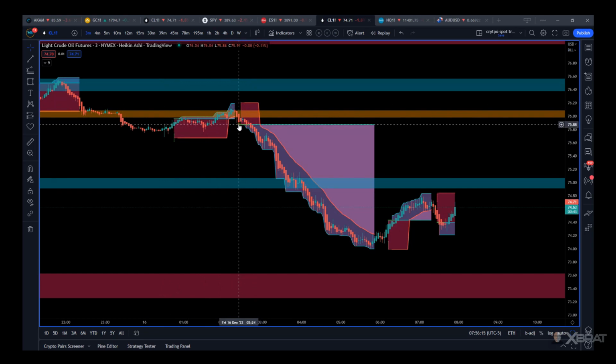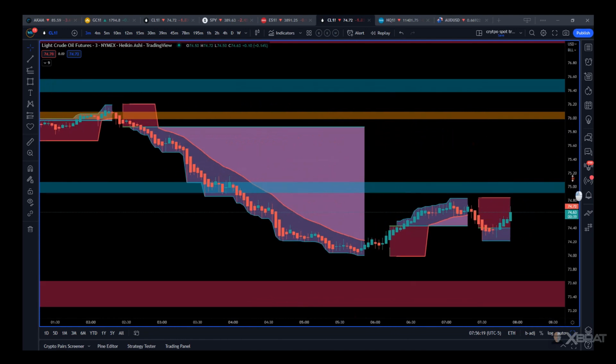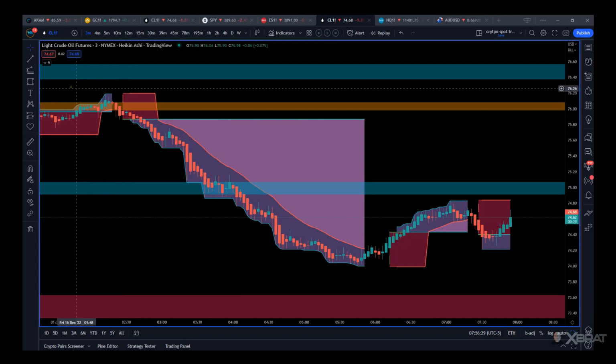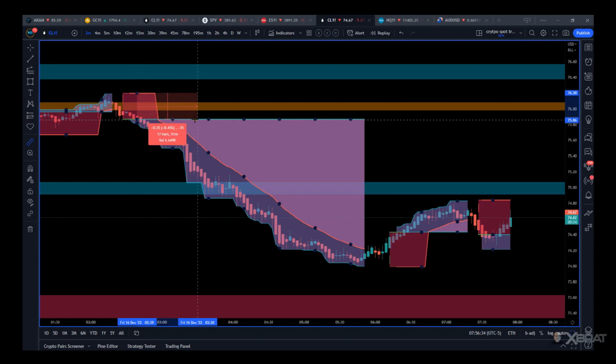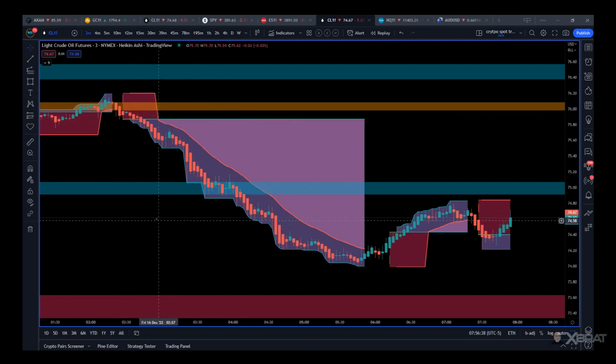If we really zoom in here on the TradingView version, you see there's a little red arrow in there. That's your stop here at 76.20, and your entry is at 75.87. So the risk here is 33 ticks, $330.